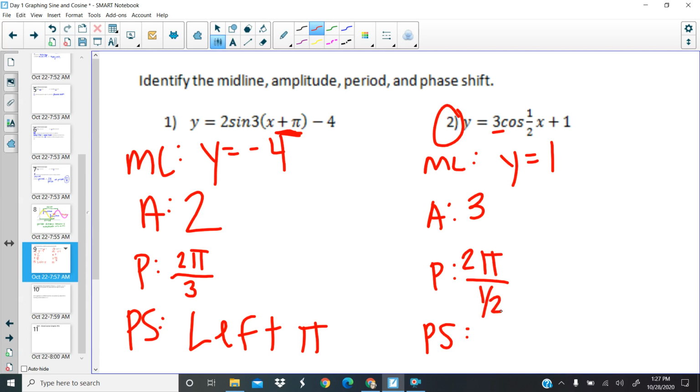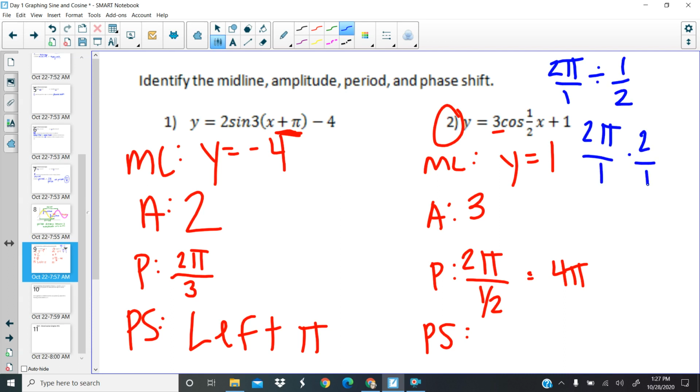If you do 2 pi divided by 1/2, you're going to end up getting 4 pi, and that's because you would have 2 pi over 1 divided by 1 over 2. But since you're dividing a fraction, you would end up having 2 pi over 1 times 2 over 1.